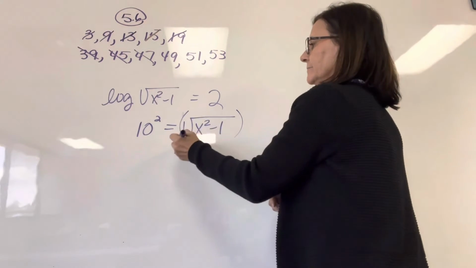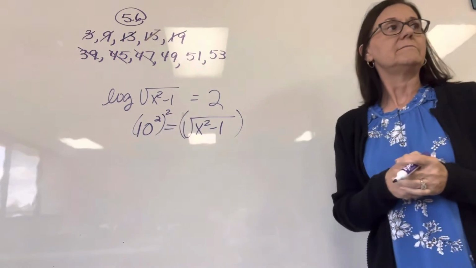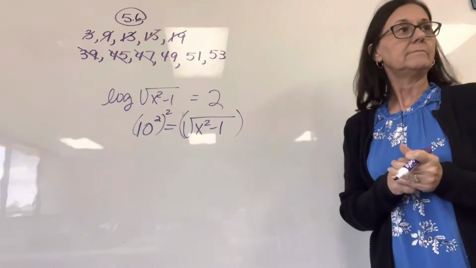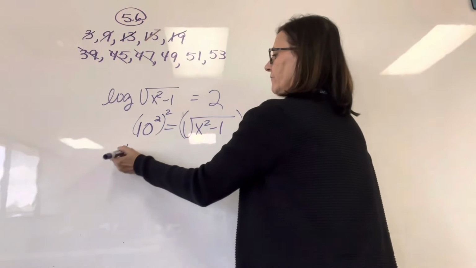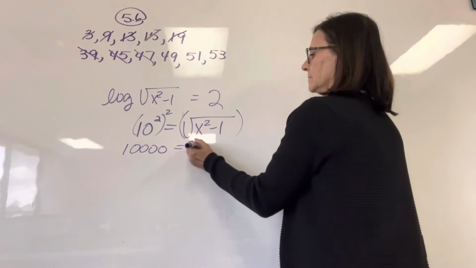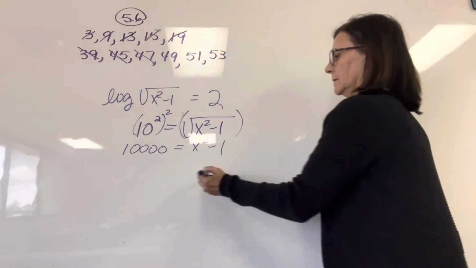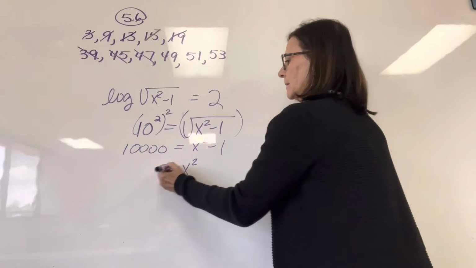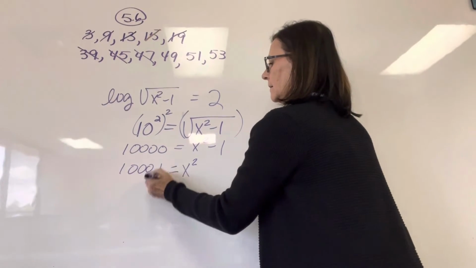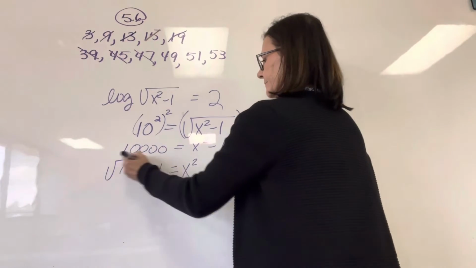When we square both sides, 10 squared becomes 1 and 4 zeros, equals x squared. Then you can add 1 to this side, and then you can just square it.